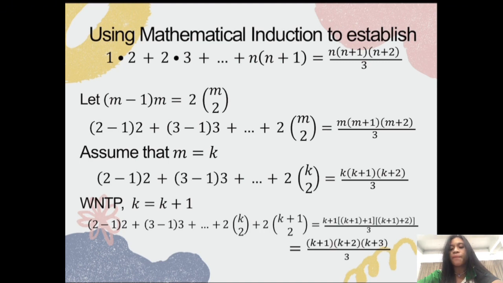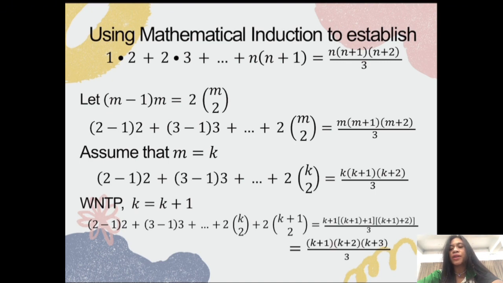Then we need to prove that it holds for k plus 1, so substituting all k into k plus 1, we have (2 minus 1) times 2 plus (3 minus 1) times 3 plus ... plus 2 times (k taken 2) plus 2 times (k plus 1 taken 2) is equal to (k plus 1) times (k plus 1 plus 1) times (k plus 1 plus 2) all over 3, where k is greater than or equal to 1.